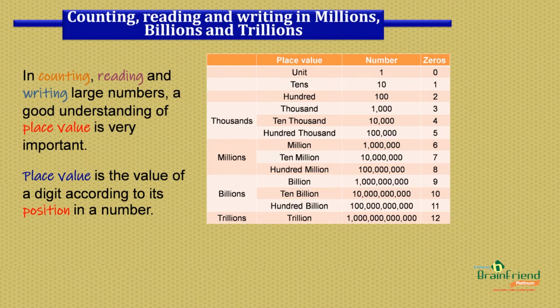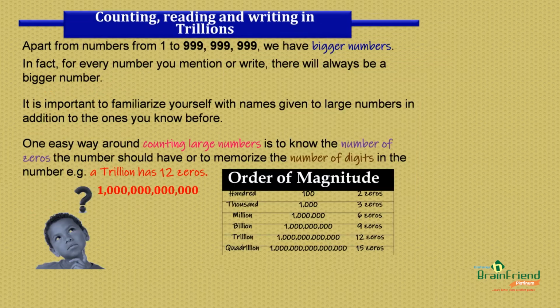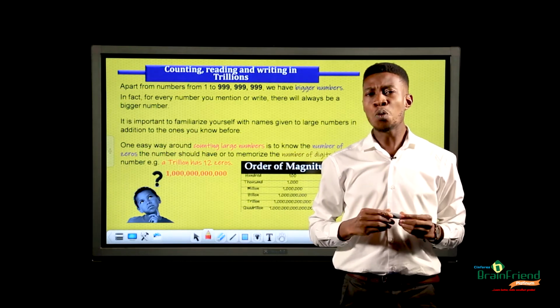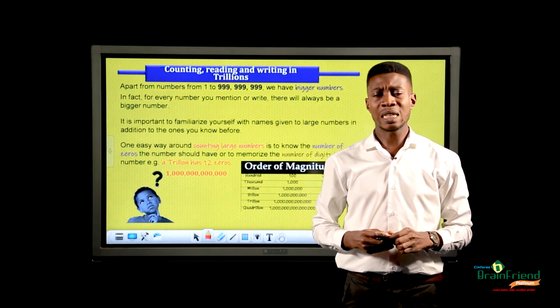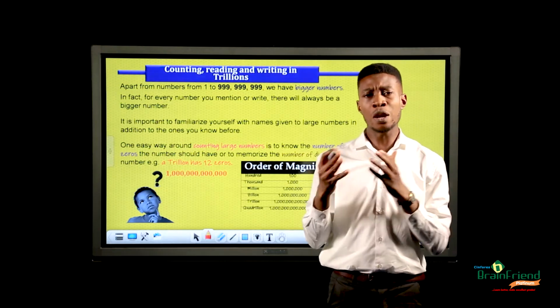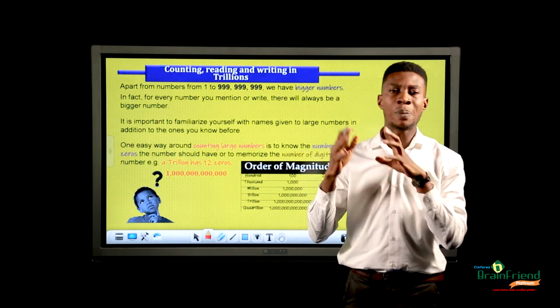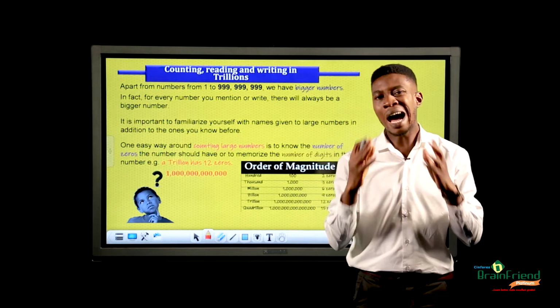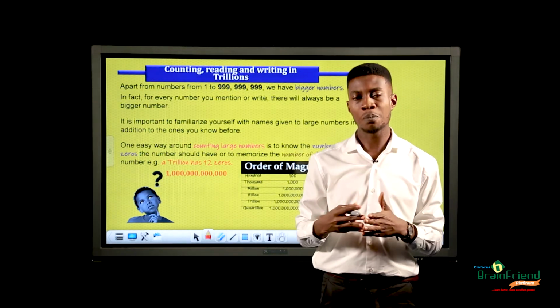Also, in part 1 of this lesson, we learned about place value. And place value is very important in reading, counting, or writing large numbers. Just so you know, one easy way around large numbers is to know the number of zeros you have in a particular number, or to know the number of digits you should have in a particular number.